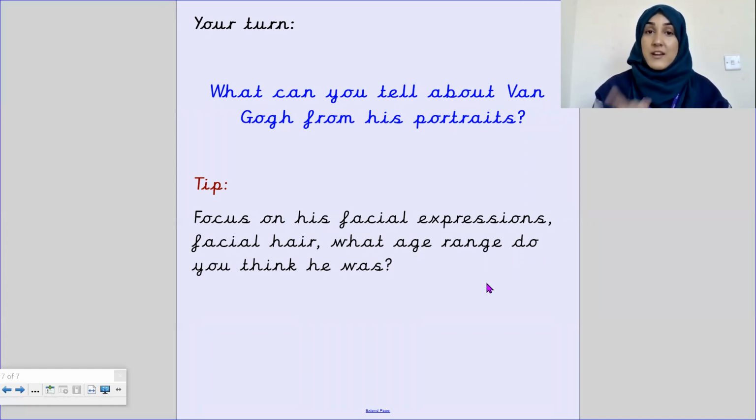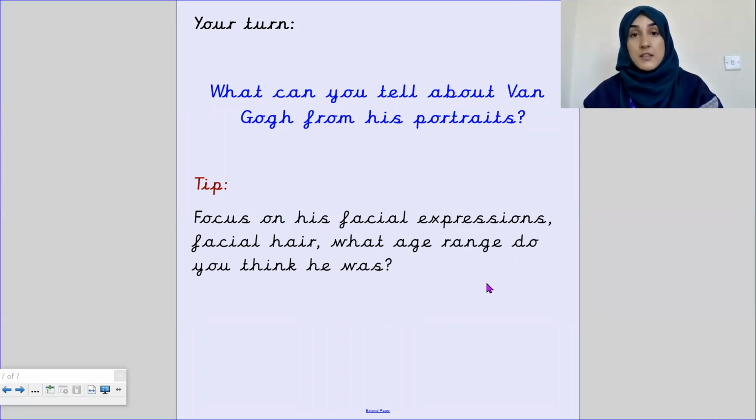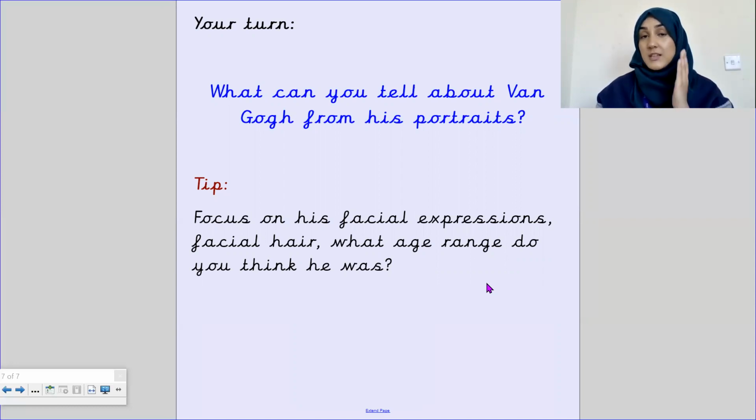And if you are stuck, rewind the video because I've done a whole running commentary throughout this video. Top tip, focus on his facial expressions, his facial hair. What age range do you think he was? Was he in his late 20s or was he in his early 30s, mid 30s? And also his favorite pose. Which one do you think was his good side? Was it the left side or was it the right side?